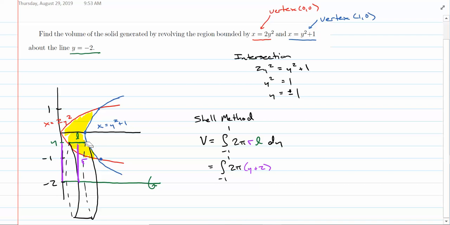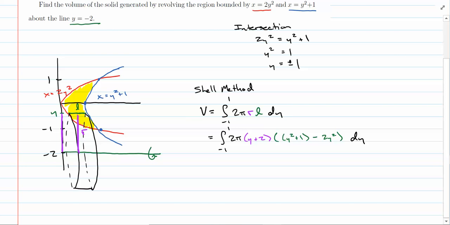That's that horizontal distance, so the length is going to be right minus left: y squared plus 1 minus 2y squared. Now we have the integral set up. Now it's just a matter of simplifying, integrating, and plugging in our endpoints and subtracting.